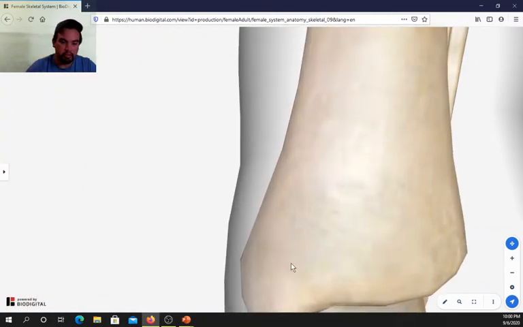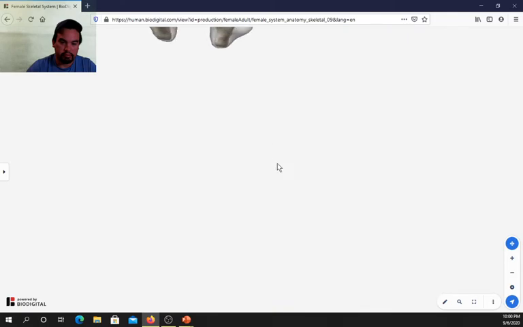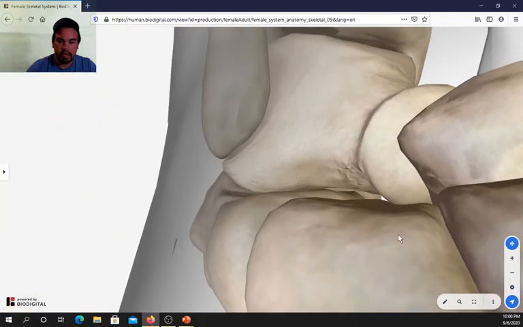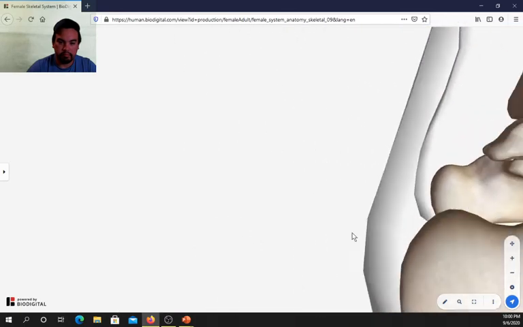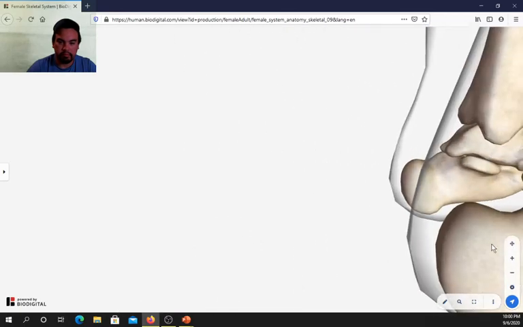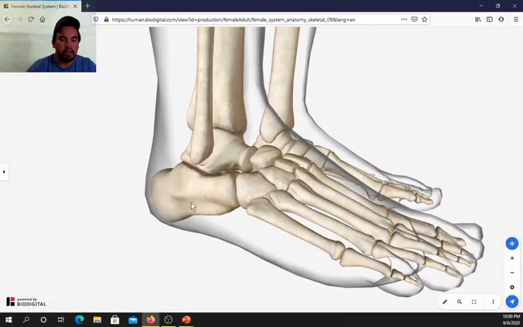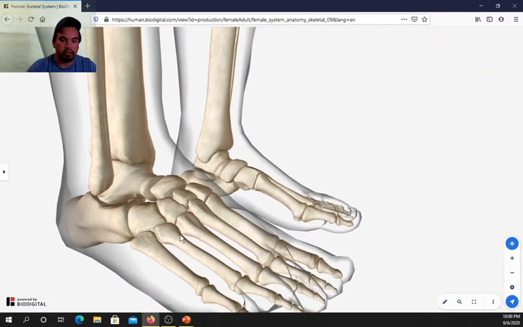Okay? And if you look down here, at our tarsal bones down here, same idea. Look how loose these are.